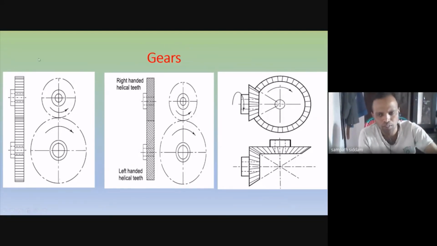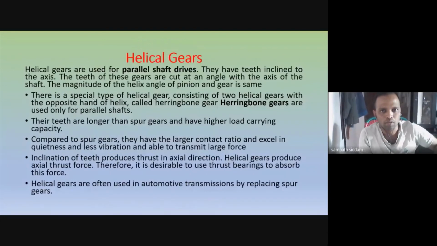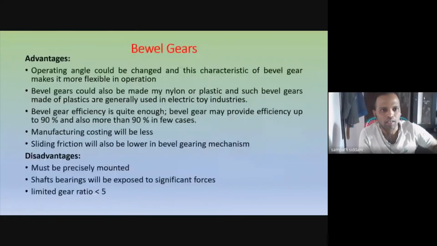And when you go with the bevel gears, you can go with your right angles when you have your power transmission, where the shape of the tooth is exactly inverted to each other. That is about your bevel gears. And you have a lot of advantages as well as disadvantages with bevel gears. The advantage of this is your operating angle could be changed.